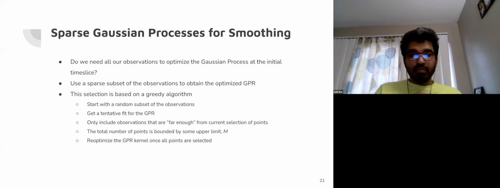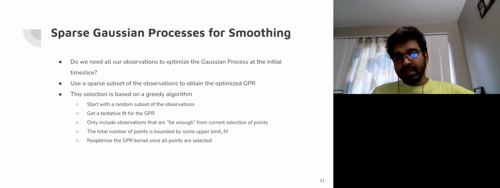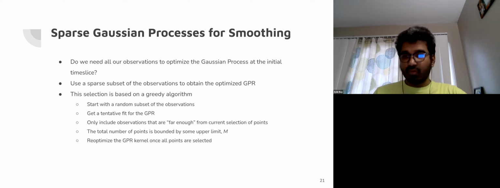Now we want to dig a little bit further and talk about something called sparse Gaussian processes. Once we were training with a standard physics informed neural network, we needed all the observation points. Those were important to get the training going.